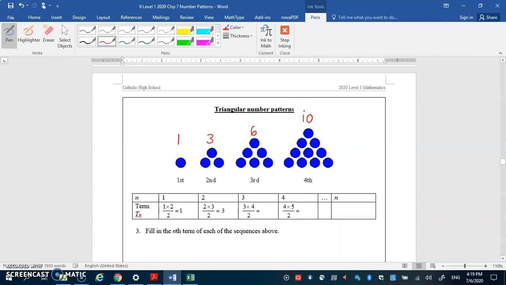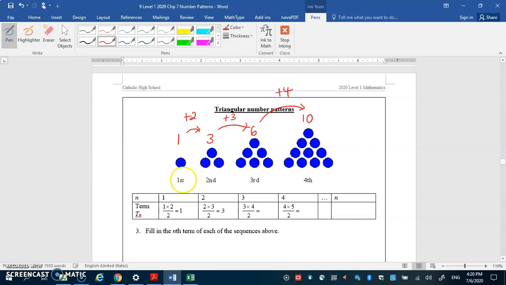Okay. So, over here, it'll be a plus 2. 1 plus 2 is 3. 3 plus 3 is 6. 6 plus 4 is 10. So there is no common difference, right? It is not like a plus 3, plus 3, plus 3, plus 3. The difference keeps changing. So in this case, you might have to draw your table to find the general term.